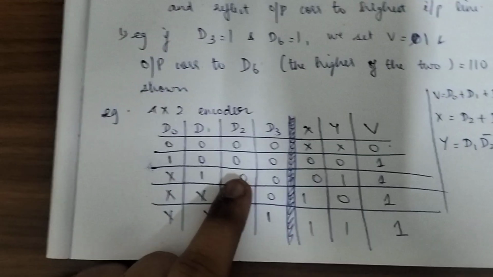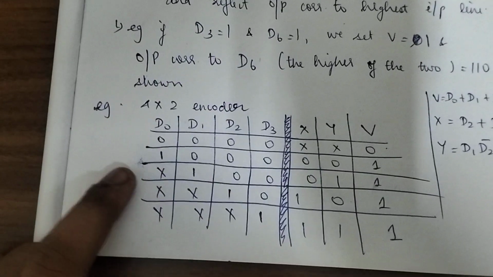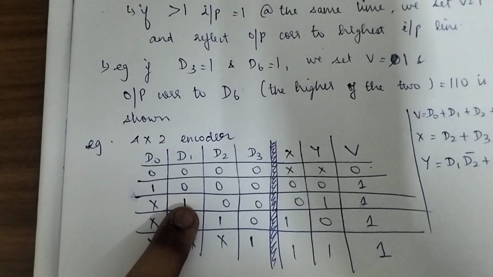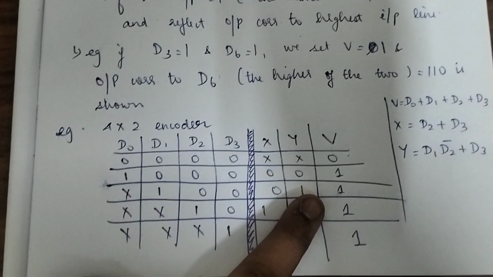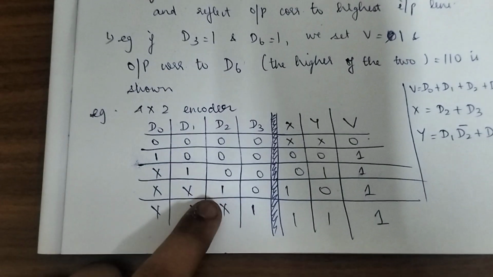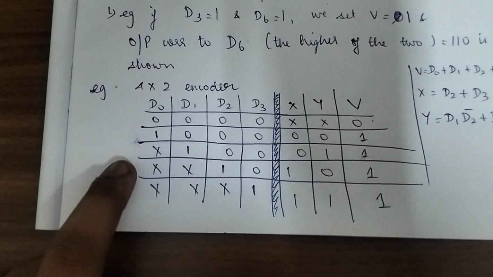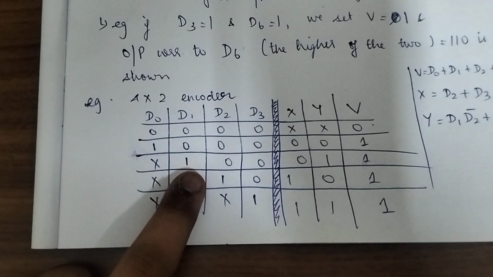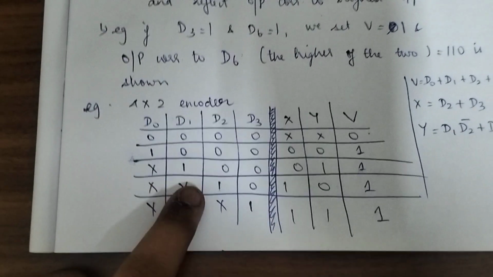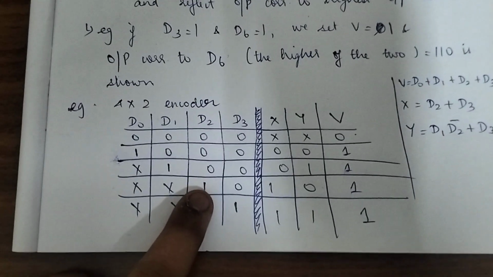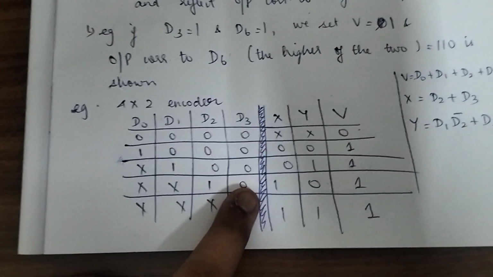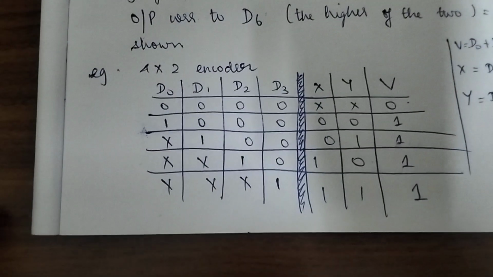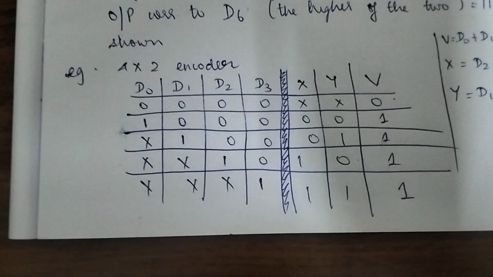So given that my D2 and D3 are 0, whether my D0 is a 0 or a 1, what I am going to reflect ultimately is D1. So my output will be 0 and 1. Similarly, given that D3 is a 0, among these 3 I am only going to reflect D2 irrespective of what value the other two take. So these two are don't cares. For D2 taking a 1 and D3 taking a 0, it's 1, 0. Similarly, here it is 1, 1. So this is the truth table for an encoder.